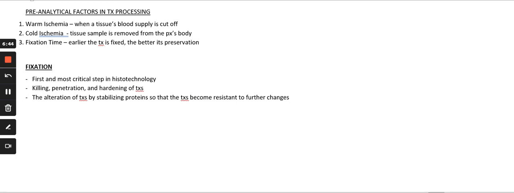Now, we have different goals of fixation, right? So, we have a primary and a secondary goal.